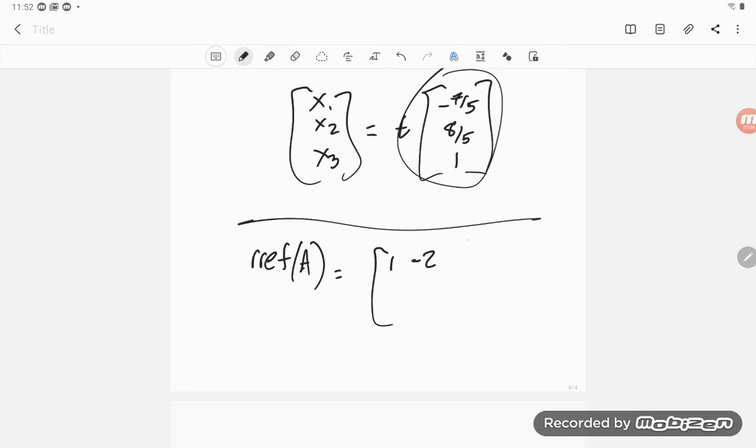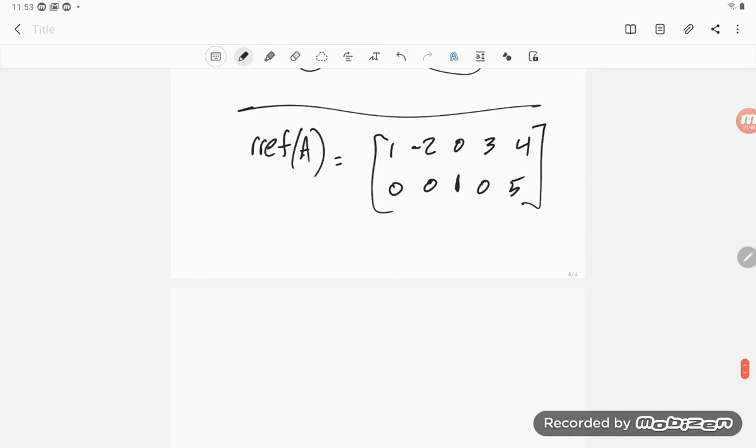Let's make that -2, then 0, then 3 and 4, and then here a 0. And a 0 needs to be a 0 because we need a leading column here, and then who knows, maybe this is a 0 as well, and that's a 5.